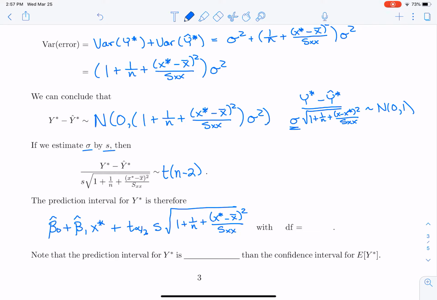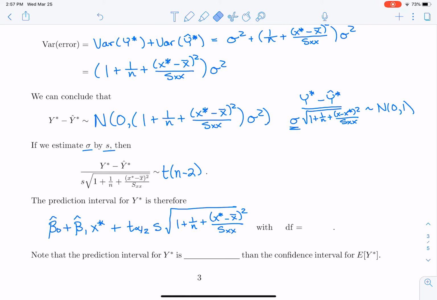Okay, so our confidence intervals are always of this form, right, where we take the mean. In this case, the sample mean, that's the regression line, beta 0 hat plus beta 1 hat x star, right? Then we add the t-statistic times our standard error. In this case, our standard error is given by the s times that square root term.